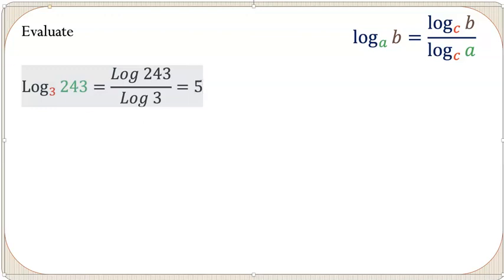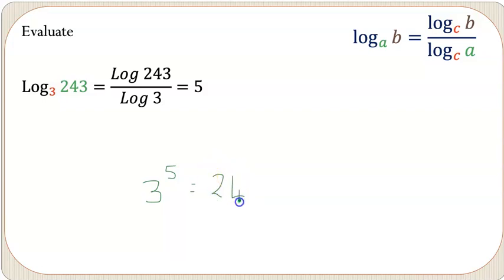So this is saying if we raise base 3 to the power 5, we should get 243. So let's check. So base 3 raised to the power 5 gives me exactly 243. All right. So those are some log examples.